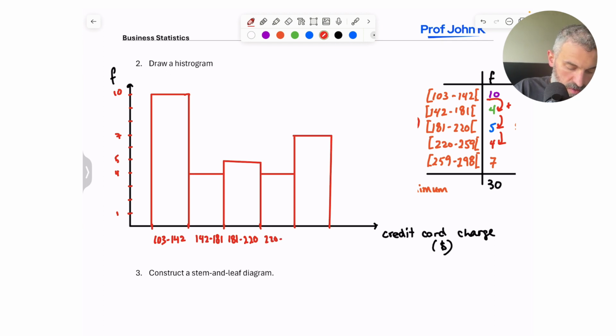So let's write them in. 220 to 259, 259 to 298. There it is. And if, again, you can add other elements. This is perfect, right? You don't have to add more, but you can add data points on top. You could say, like, this is 10, this is 4, this is 5, 4, and 7. It's not necessary. Really go with whatever your prof or teacher wants you to show.